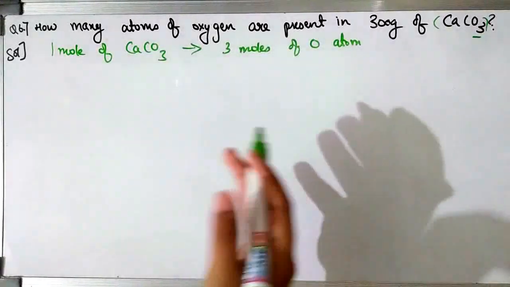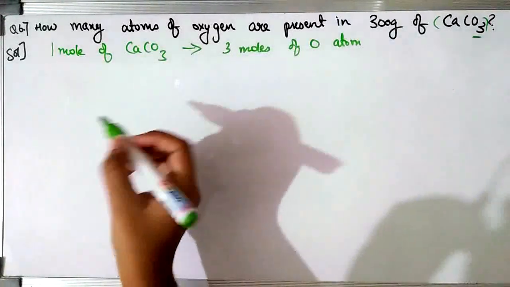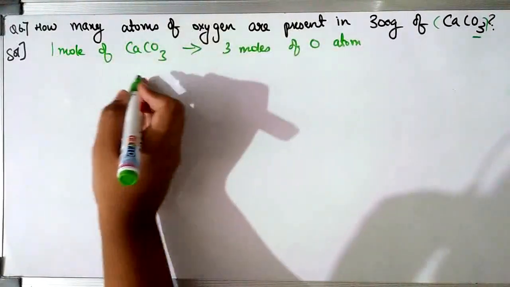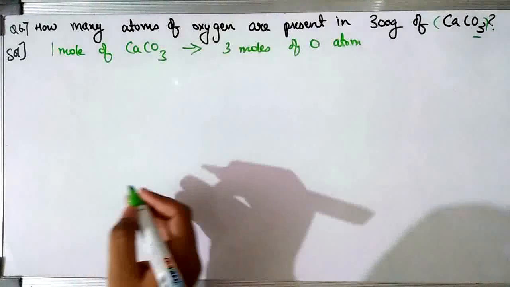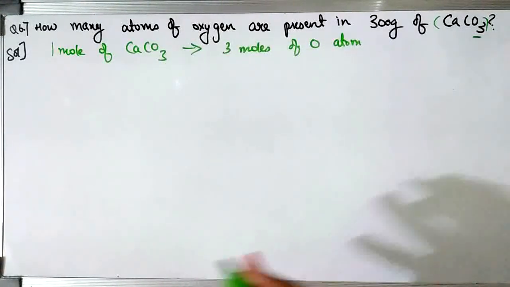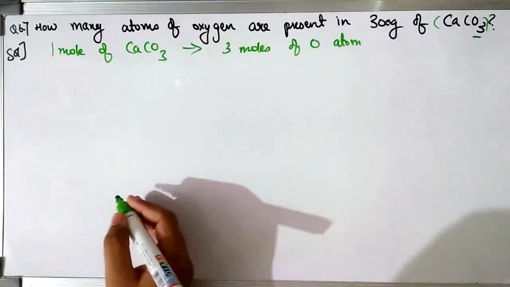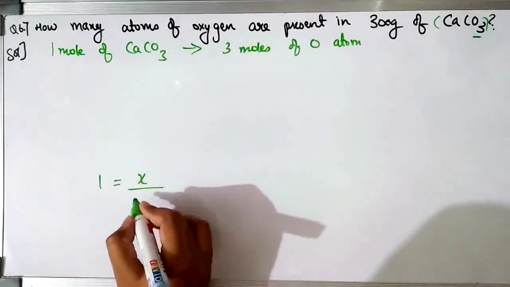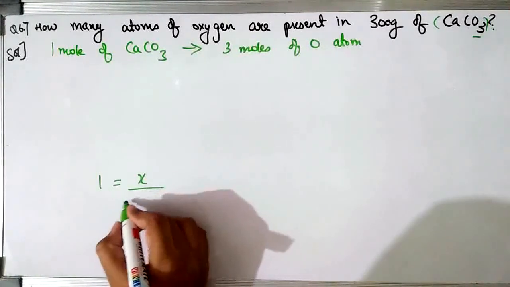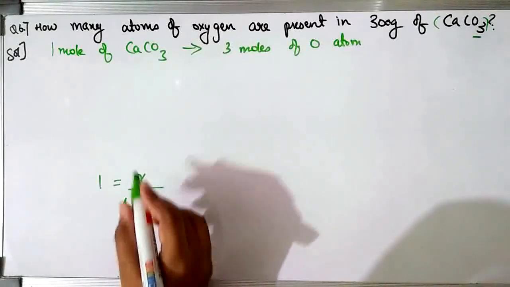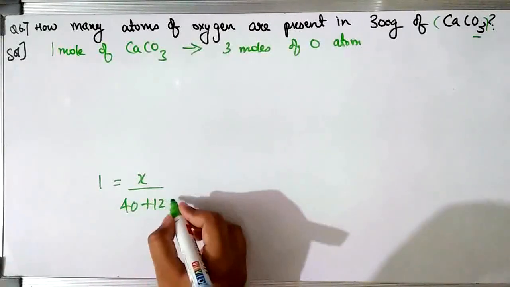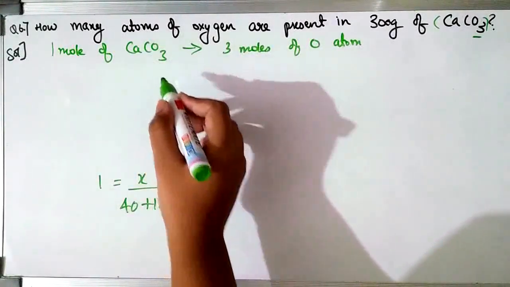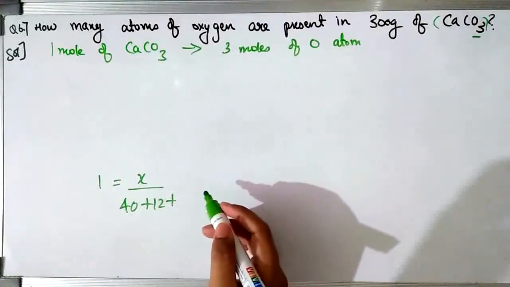Now using this, we are going to find out how much will be 1 mole of calcium carbonate in grams. We are going to use the same formula, that is number of moles is equal to given mass upon molecular mass. Number of moles is 1, given mass we need to find out, upon the molecular mass of calcium carbonate, which will be 40 for calcium, 12 for carbon, and 16 for oxygen, and since it is 3, 16 times 3 is 48.